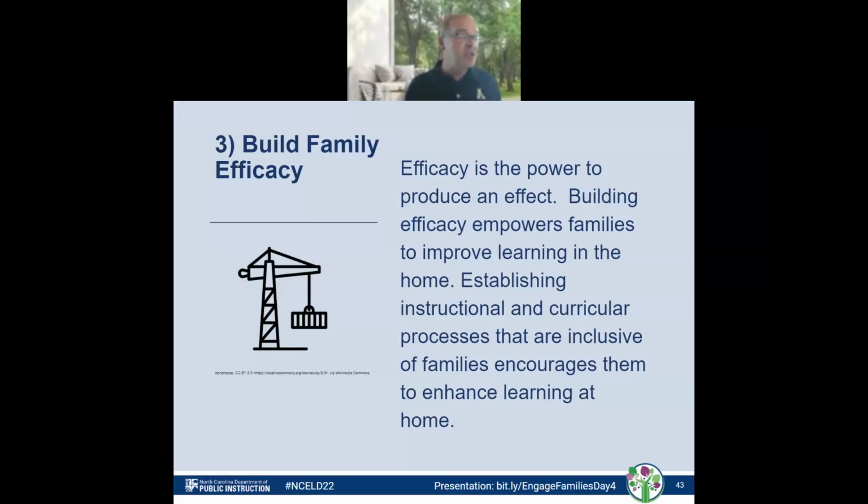Efficacy is the power to produce an effect. So building efficacy empowers families to improve learning in the home. In his original version, Dr. Constantino referred to this principle as empowering families. In his updated version, he refers to this as building efficacy.